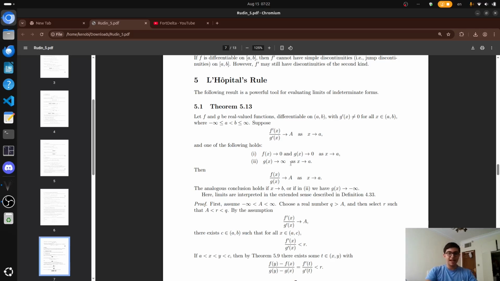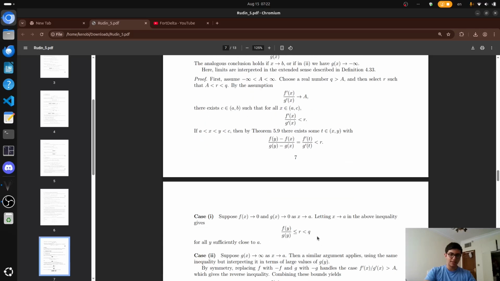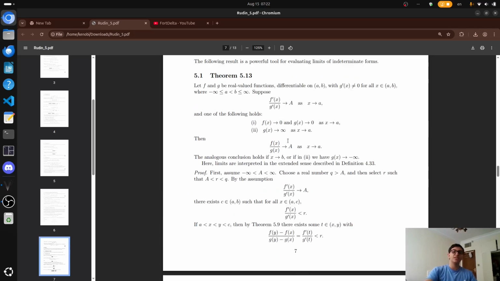And since it's less than r, you can just replace it and expand some interesting properties with it, and show that you can isolate this to become f of x over g of y, and it's going to be less than or equal to r, less than q. So you want to take this to be less than some value, and show that this is also less than that value, to show that they go to the same thing.